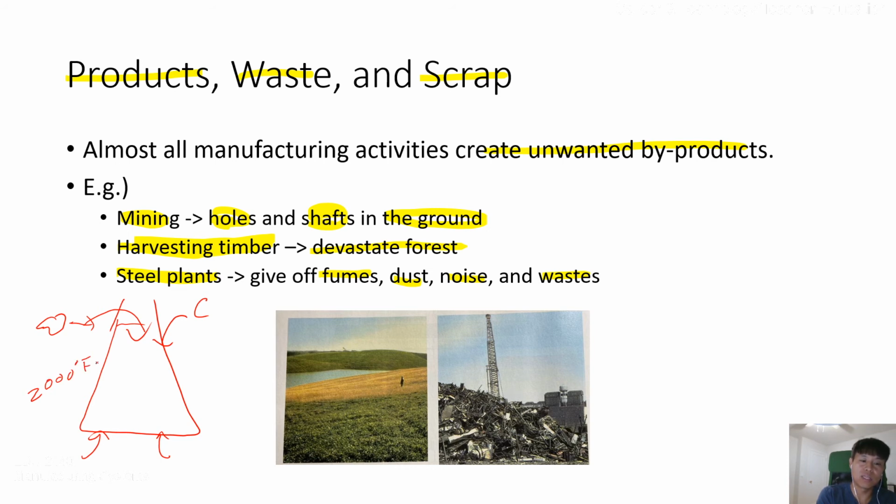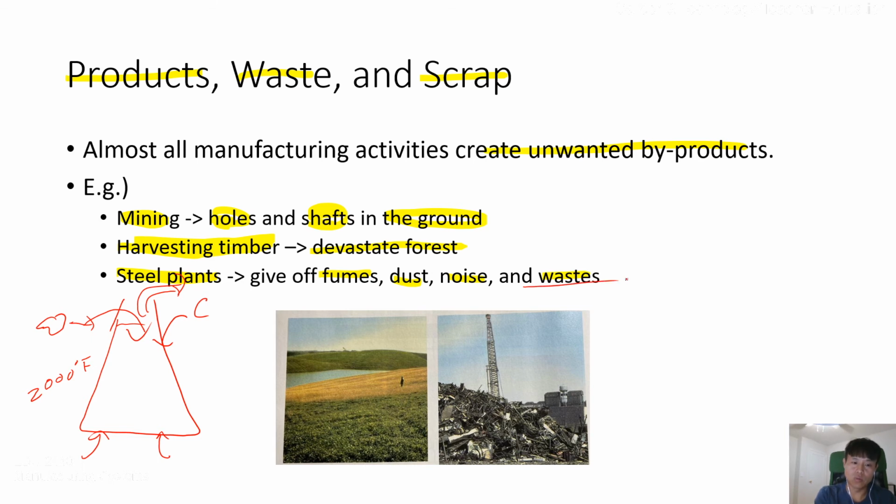How can you make 2,000 Fahrenheit? We need lots of energy. We consume lots of energy, and during this process it gives off lots of dust and fumes, sometimes chemical fumes. That is very risky.